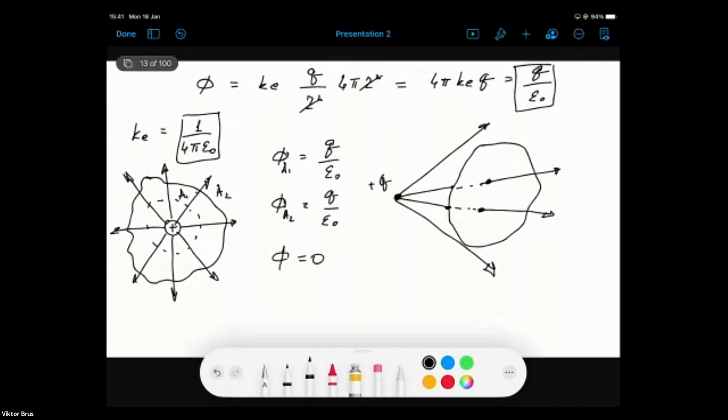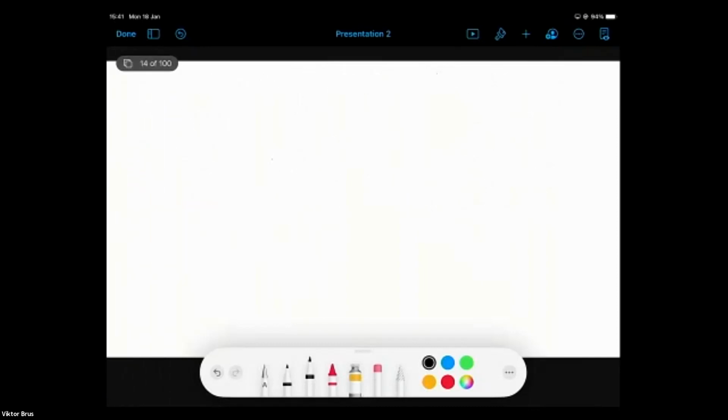So now let's go to another slide, and we need to consider a case. What if we have not just one electric charge? Let's say we have some closed surface, and we have a bunch of different electric charges.